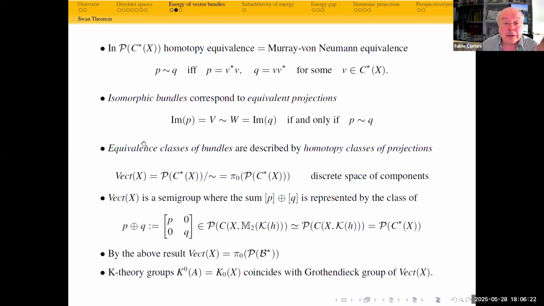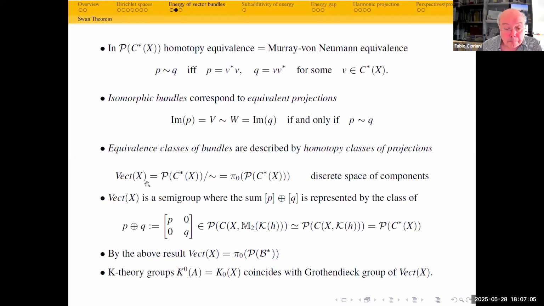Well, also in this setting, we have that homotopy equivalence of continuous projections is equivalent to Murray-von Neumann equivalence of projections in this sense. And isomorphic bundles correspond to homotopy equivalent projections. The equivalence classes of bundles are described by the homotopy classes of projections.